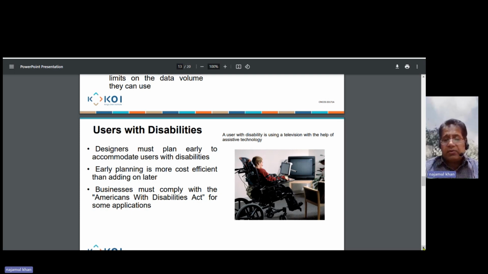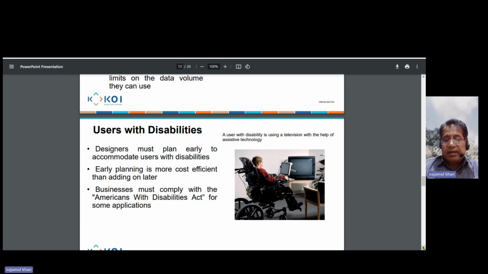Apart from that, organizations are now being asked by governments, such as through the Americans with Disabilities Act, to develop items, products, devices, and equipment which will meet the needs and requirements of people with disabilities. This is definitely happening all over the world. It is something we have noticed.